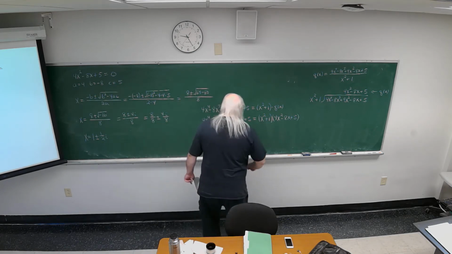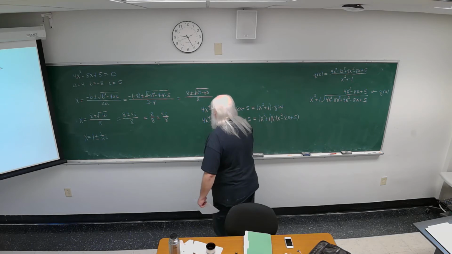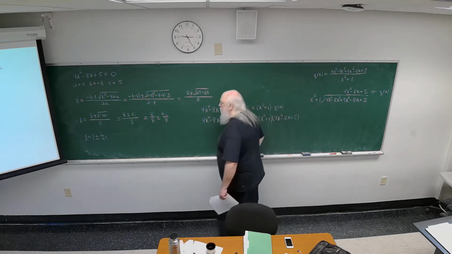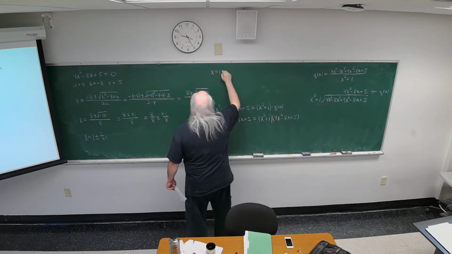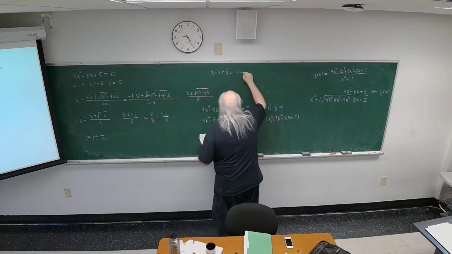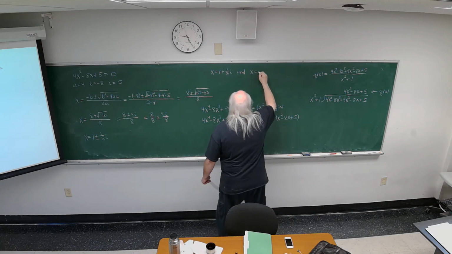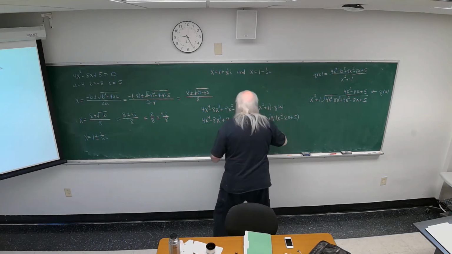So the last two zeros of our fourth degree polynomial function are x equals 1 plus 1/2 i, and x equals 1 minus 1/2 i.